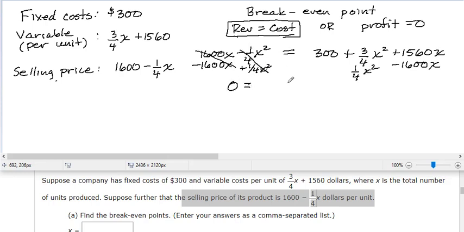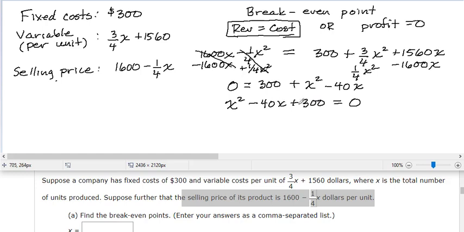Now I've got 0 equals 300 plus 3/4 plus 1/4 is 1 whole x squared. Thank you, WebAssign. And then negative 1,600 and positive 1560 make negative 40x. Let me just rearrange this. Positive x squared minus 40x plus 300 is 0.